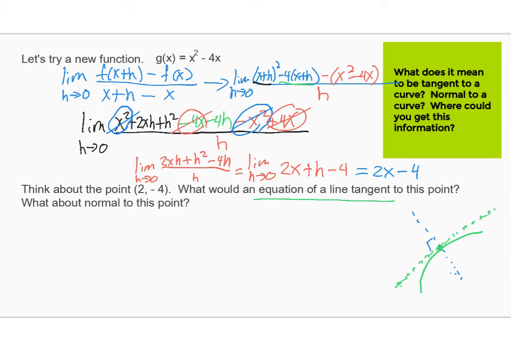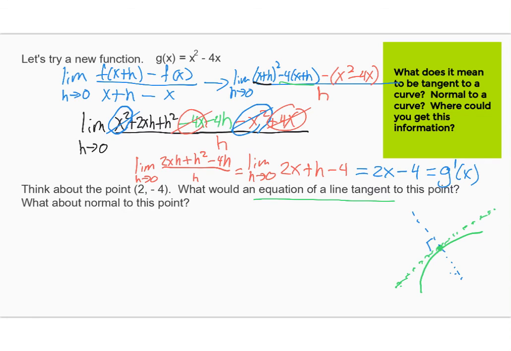We say that this is the derivative of g of x. We've got a couple different ways to notate this, one of which is g prime, where we have basically an apostrophe within this function notation to show this is the derivative of that function g.